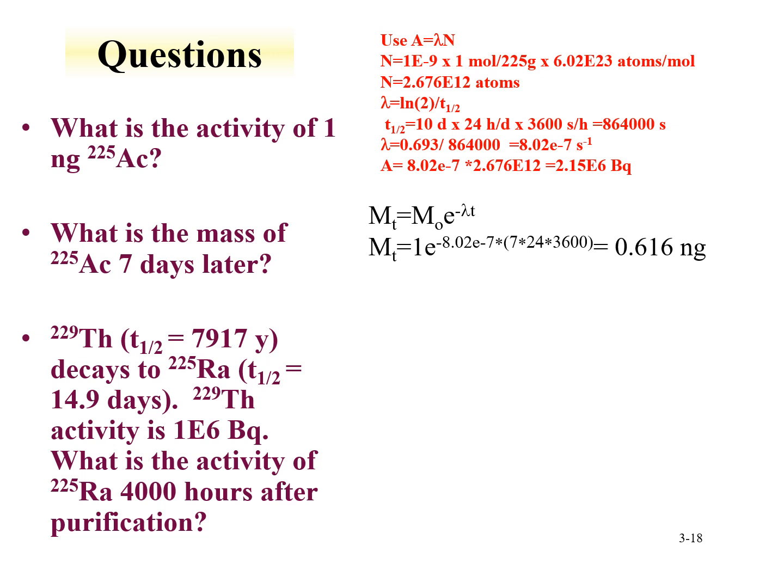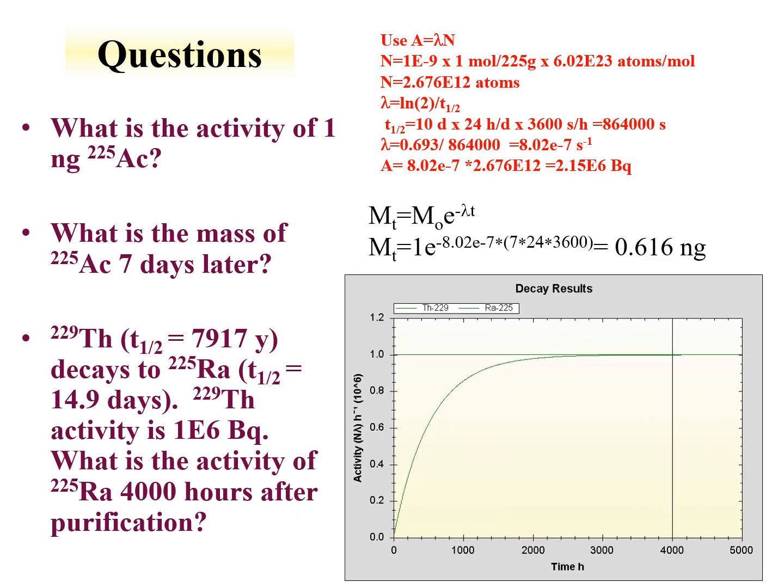What's the activity of the radium-224 after purification? So we start off with no daughters, just the thorium-229. It starts decaying, and at 4,000 hours after the purification, it's reached equilibrium.